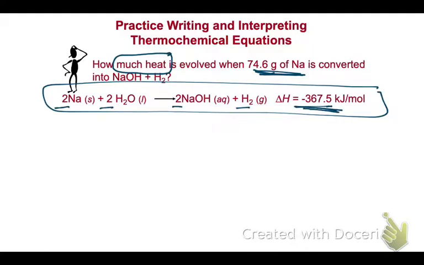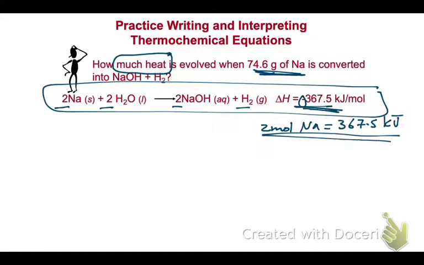So what you really know is that every 2 moles of sodium will give 367.5 kilojoule. The negative is the sign to show that it is exothermic. But if I am talking about amounts of heat, I can just say the amount of heat as a numeral value.